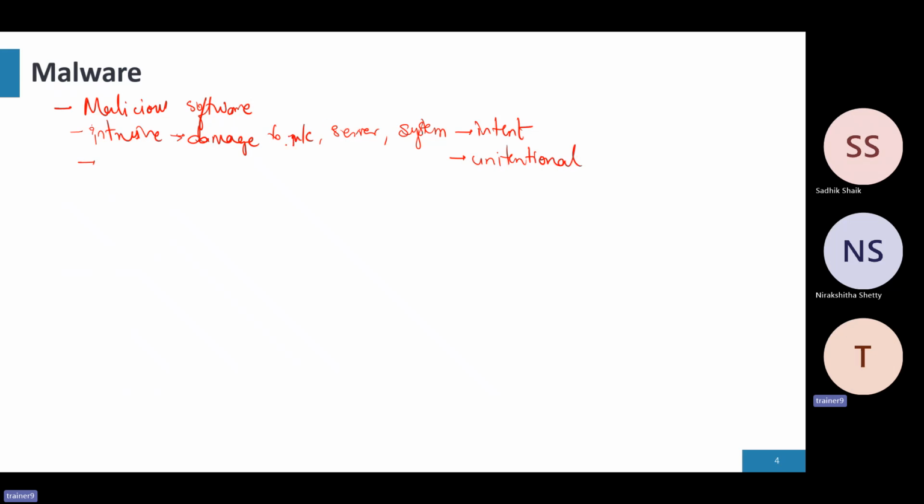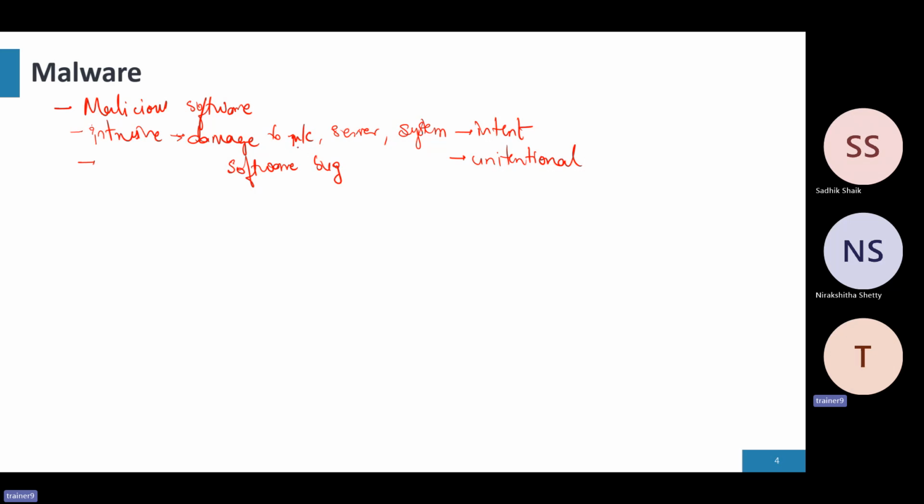Then that intention was not there, so it gets categorized as a software bug. It was an issue in the system, where I didn't have that intention of destroying it, but some unintentional damage has happened, right?